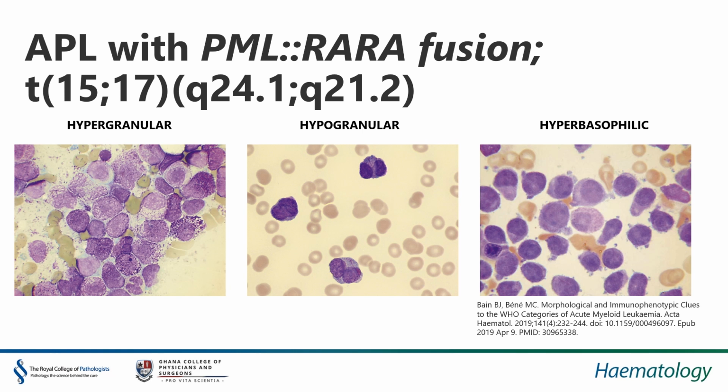The nucleus can be quite often bilobed, but because of the hypergranularity, this might not be readily apparent morphologically. Then in the middle, you can see we've got the hypergranular variant and the microgranular variant, and then we've got the hyperbasophilic variant on the right-hand side.